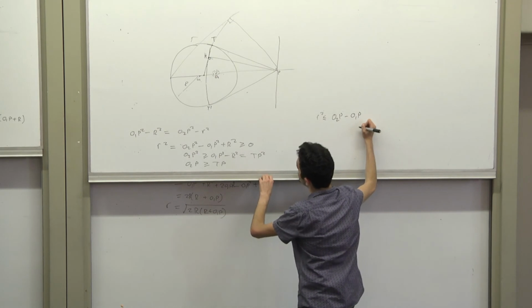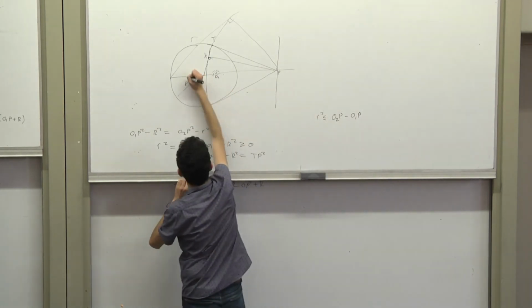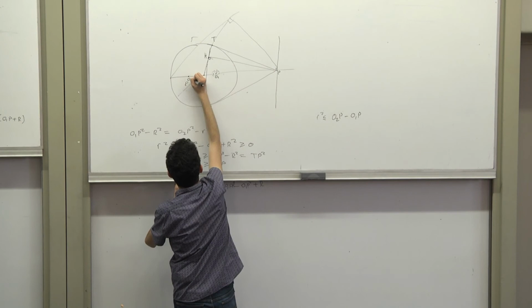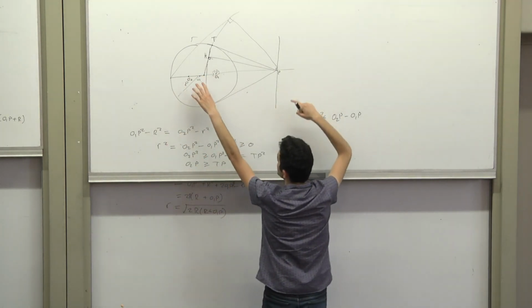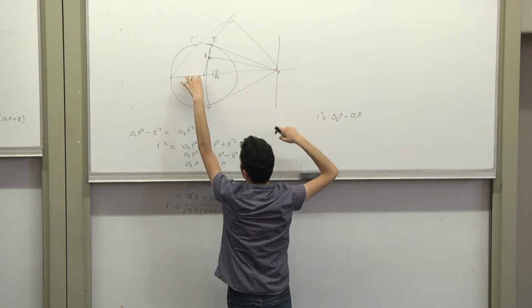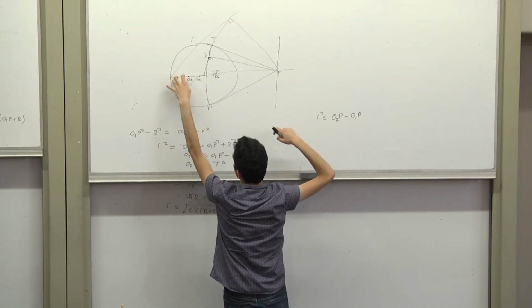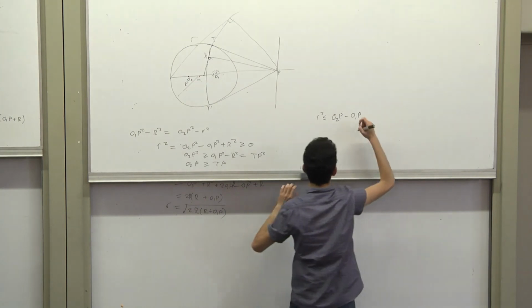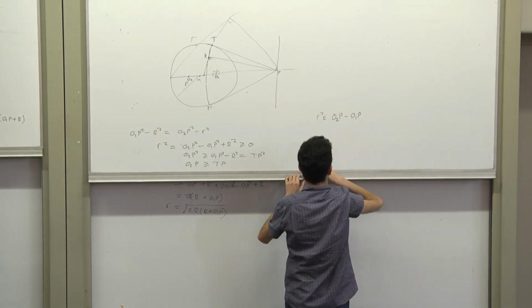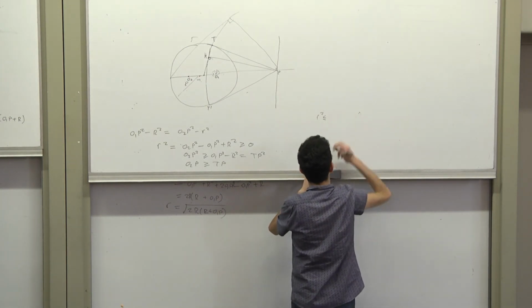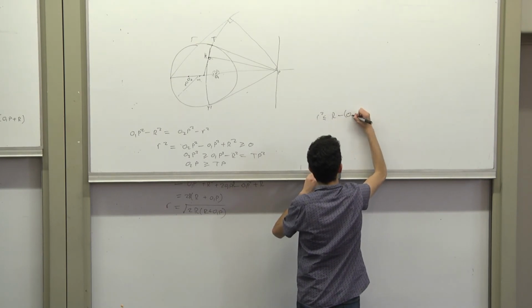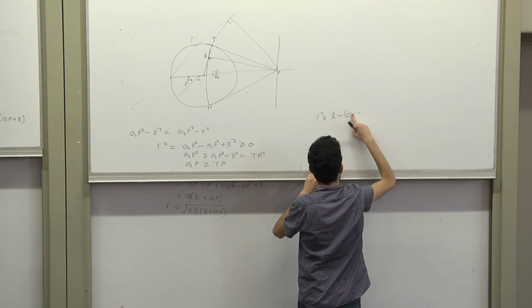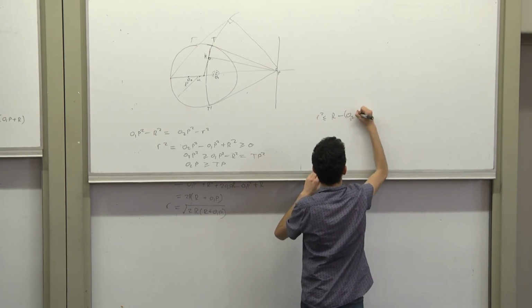That's going to be positive, and it's going to be this distance here. So O2P minus O1P is going to be this distance, and we want this distance, which is R minus that. So we will take this. Yeah, O2P minus O1P.